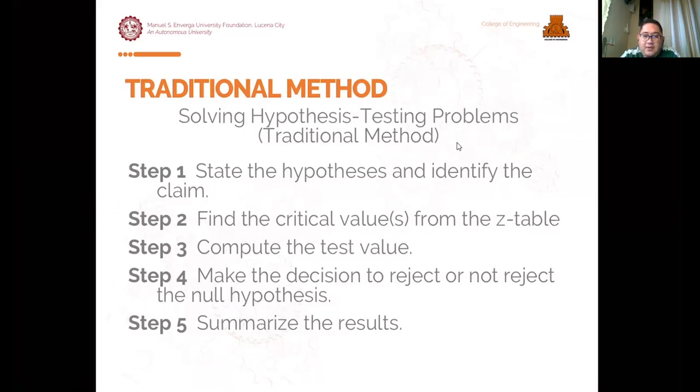Then, based from the computation, nung test value natin, tsaka nung critical value natin, compare natin sila. Kapag nag-agree dun sa comparison, pag nag-agree, ibig sabihin kailangan natin i-reject. Kapag nag-disagree dun sa condition natin, we will not reject the null hypothesis. Then, yung summary ng result is just a statement kung anong gagawin natin doon sa claim natin.